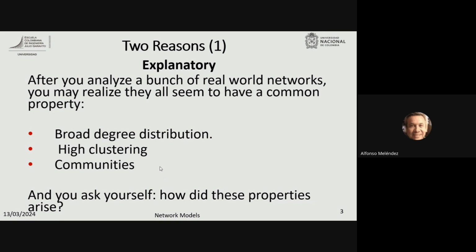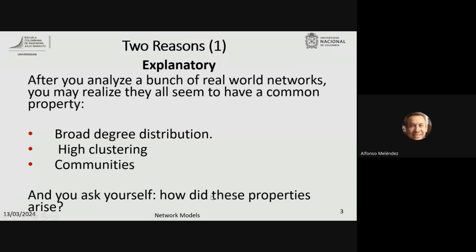Most of the last two models that we're going to see were discovered trying to explain properties of real-world networks and trying to generate abstract networks that have these real properties.